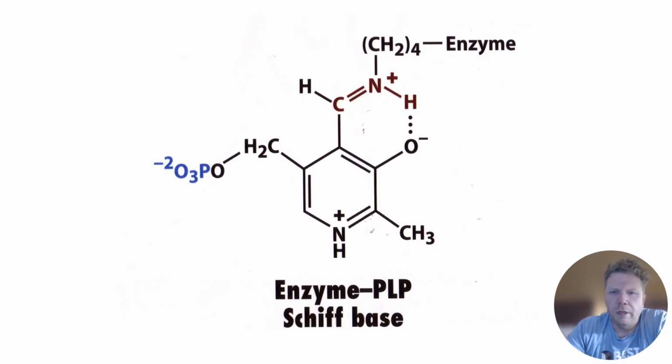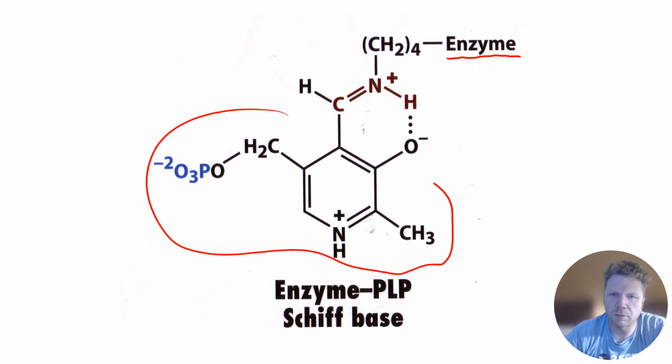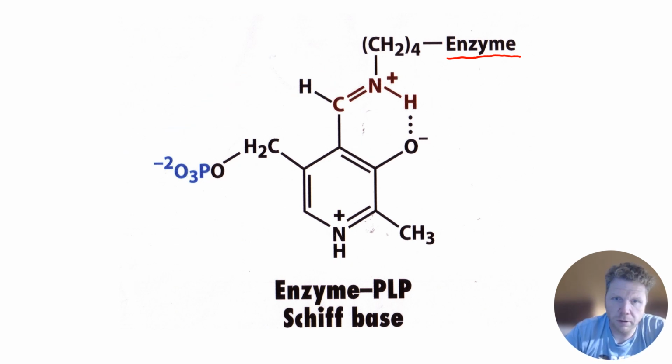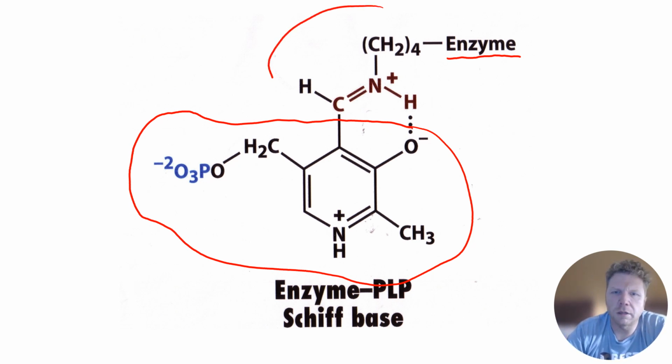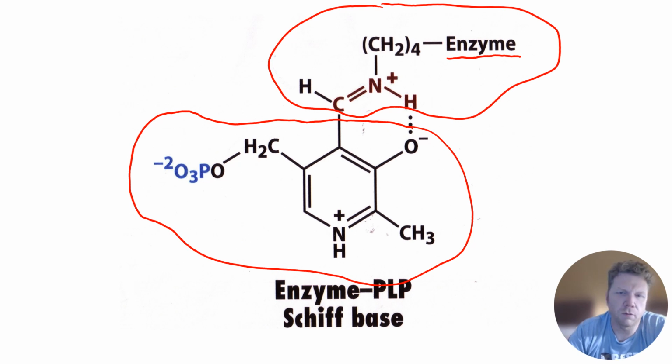This molecule right here is one of the central parts of this reaction and how it takes place. This is our transaminase enzyme, which forms a Schiff base with PLP. So think about this basically as our PLP. Let me redraw that. Essentially, that's effectively our PLP, and the top half of this is our enzyme that we form this Schiff base with.